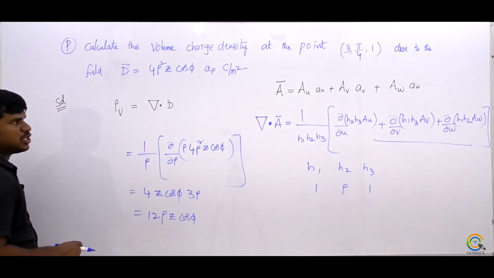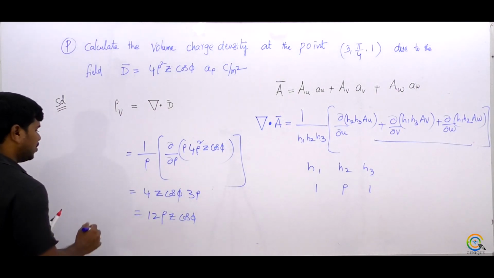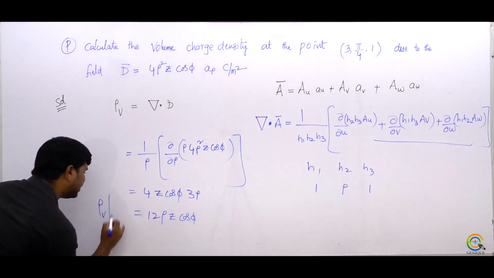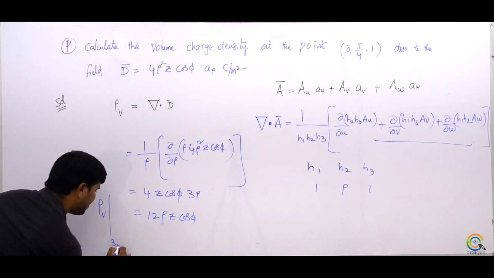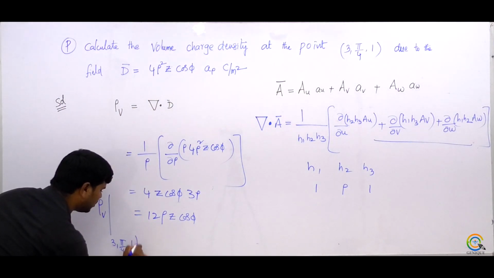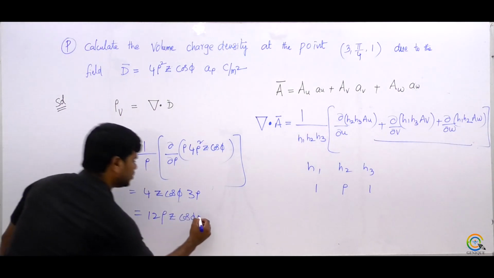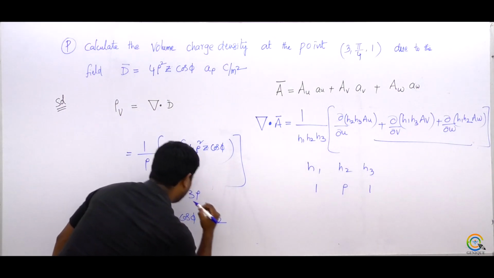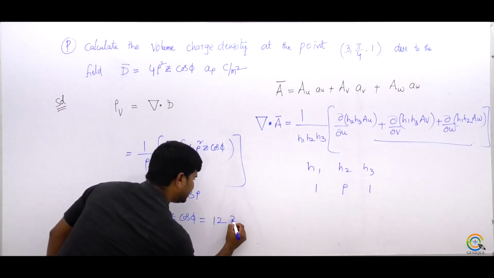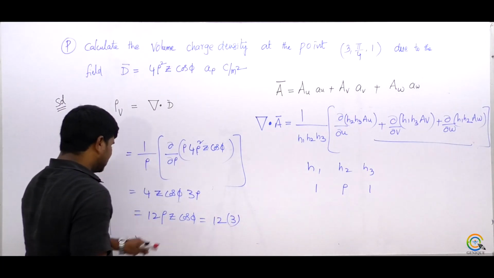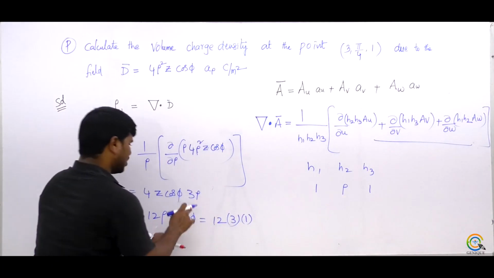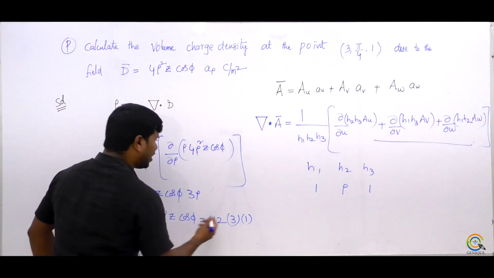This is the rho v expression. But what we have to find is rho v at the given point 3, pi by 4, 1. So this will be equal to 12. Rho is 3, z is 1, cos phi, where phi is pi by 4.